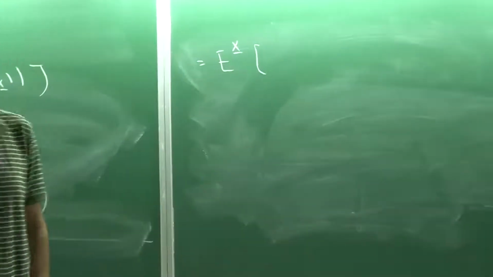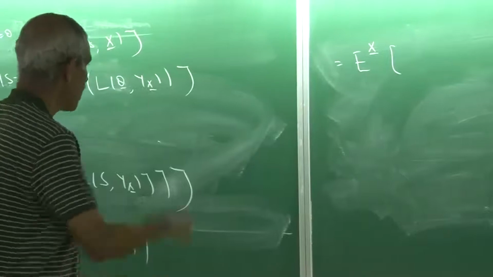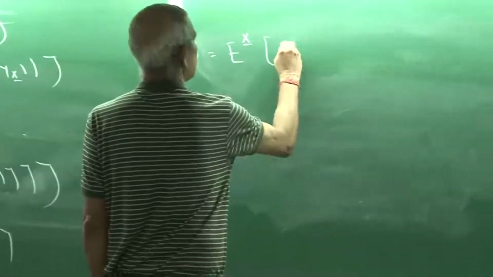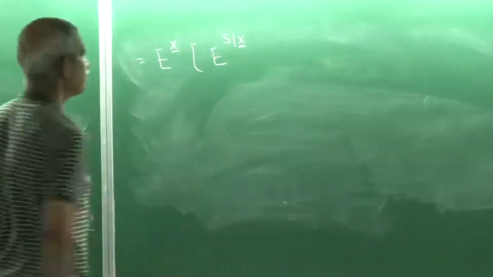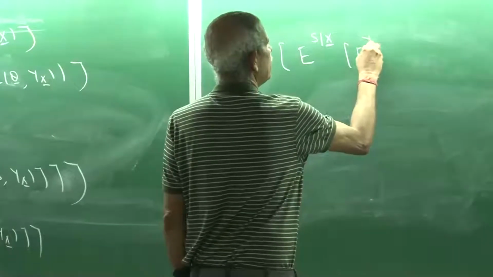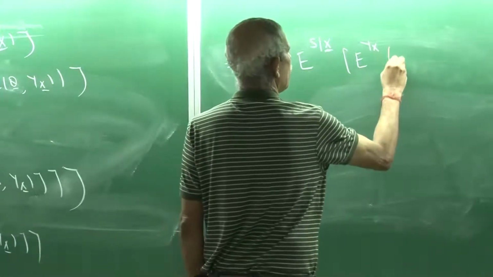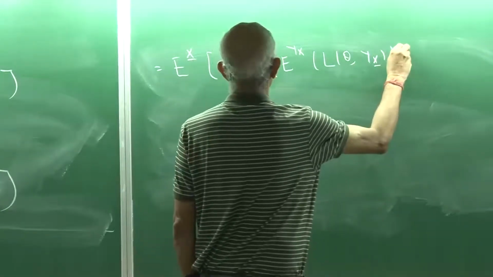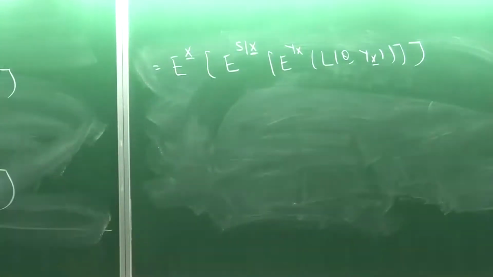which is different from F theta. It is a marginal in reference to the Bayesian setup. Then the expected value of S given X, expected value of Yx of L theta Yx. Good.